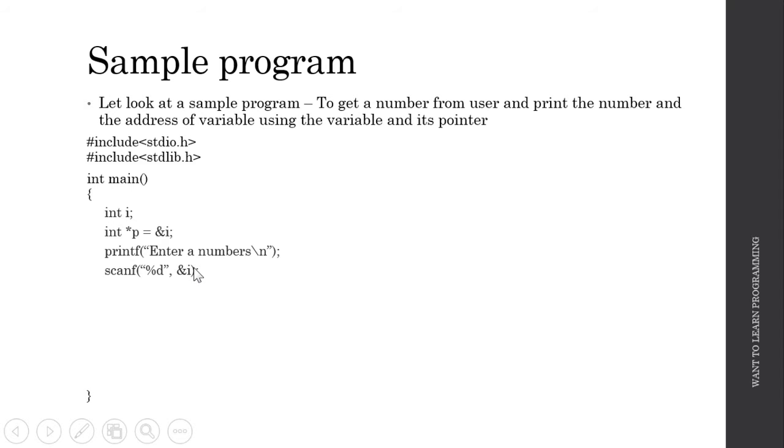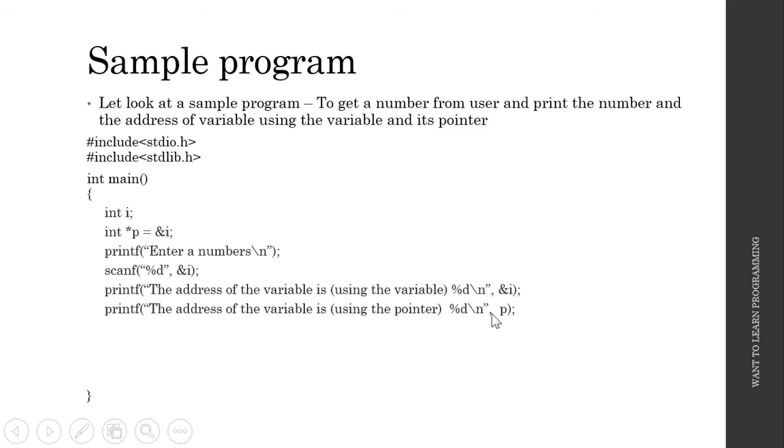Next, we print the address of the variable using the variable. We can do this by using the ampersand operator, that is ampersand of i. Now to print the address of the variable using the pointer p, we just say p, not ampersand p or star p, just p, because p has the address of i.